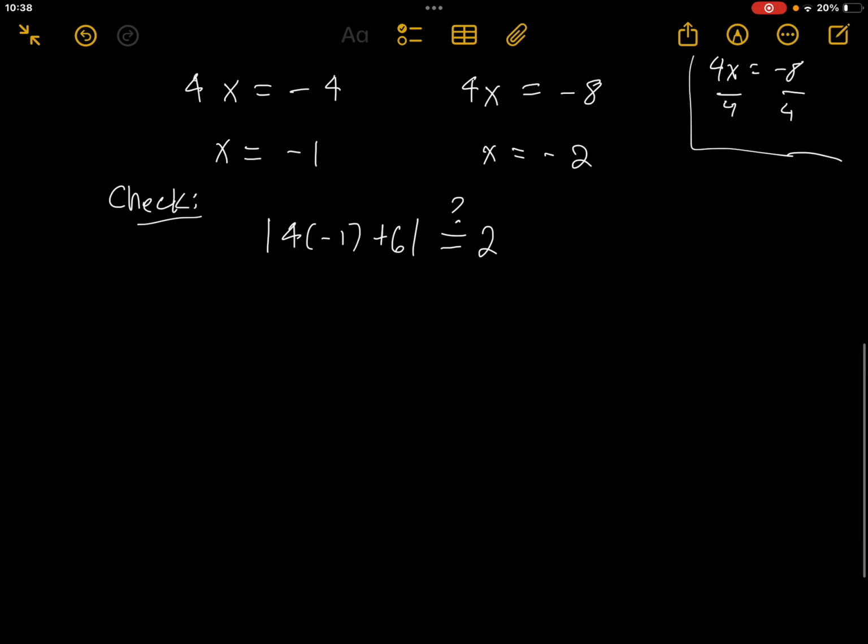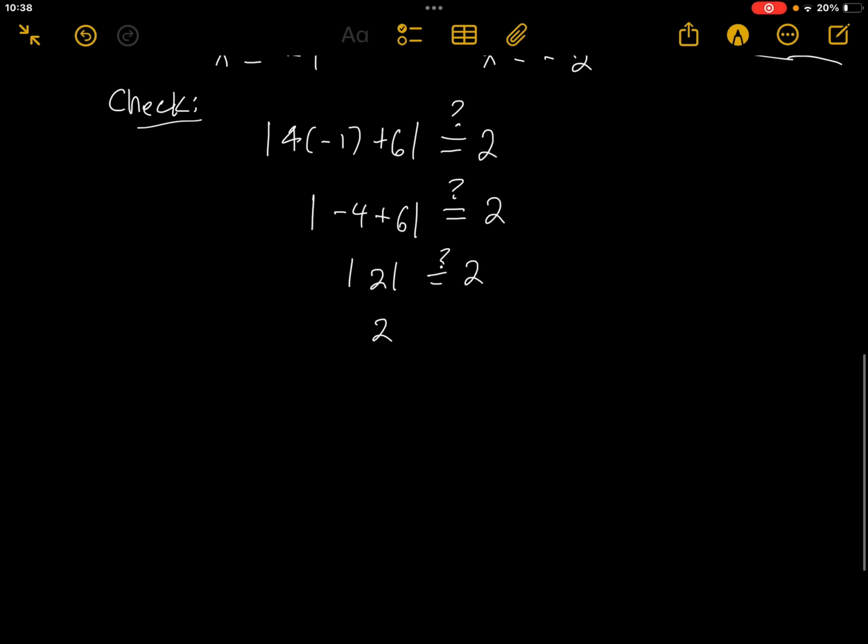So on the left-hand side, I get 4 times negative 1 is negative 4. So I'm asking, is that equal to 2? Negative 4 plus 6 is 2. Now, is the absolute value of 2 equal to 2? Well, yes, because the absolute value of 2 is just 2. So negative 1 is a solution. Similarly, we'll check negative 2.